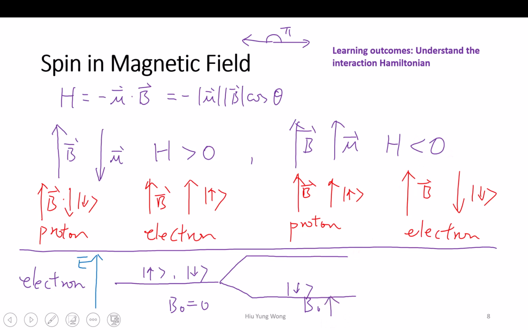You actually have an energy splitting where you reduce the energy by mu B. Your system is reduced by mu B. But if you have the spin pointing up, then you actually gain more energy, right? You increase the energy of the system by mu B0. Okay?